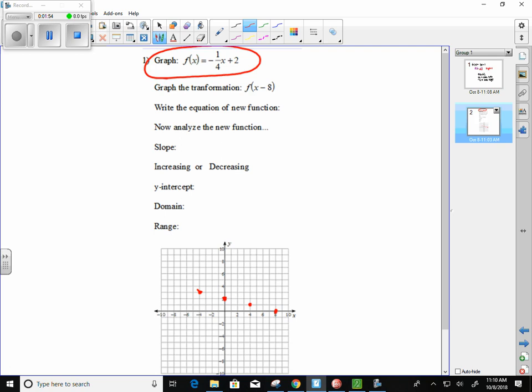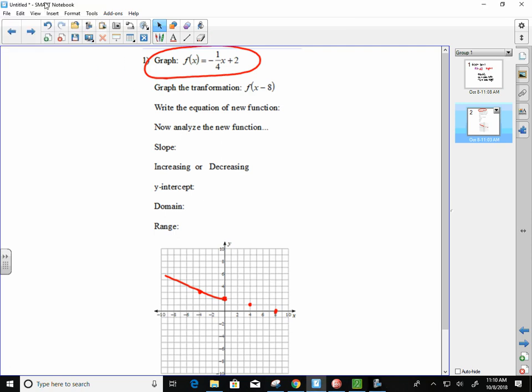Okay, here is my, let me try that again, that's really bad. Here is my line.